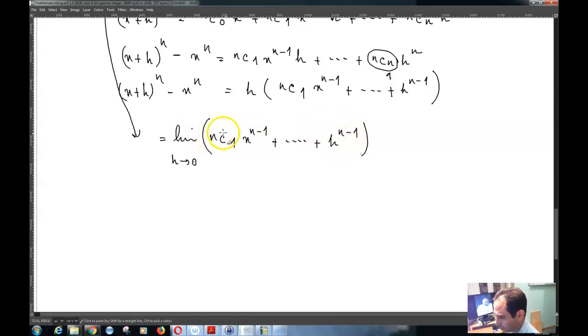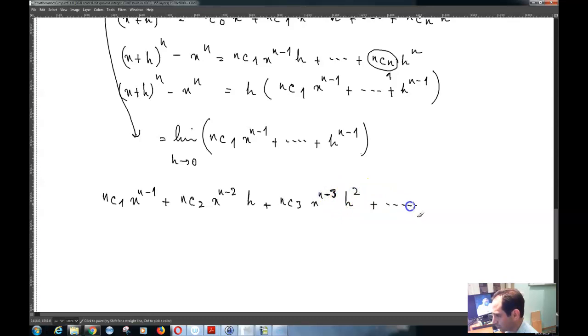So if you were to expand this a little bit, you would write it as n combination 1, x raised to the power n minus 1, plus n combination 2, for example, x raised to the power n minus 2, h raised to the power 1, plus, for example, n combination 3 times x raised to the power n minus 3, h raised to the power 2, all the way up to h raised to the power n minus 1.